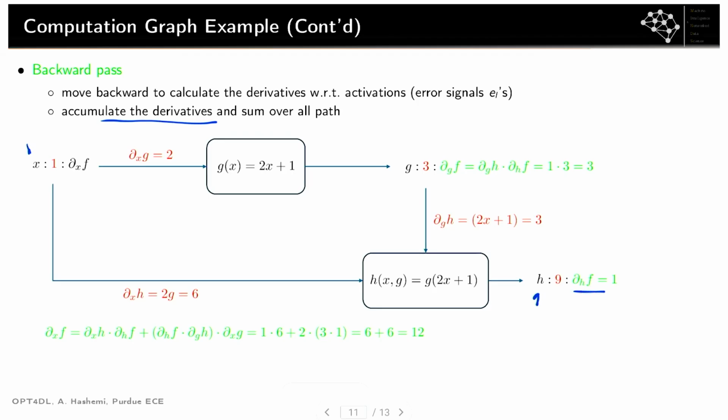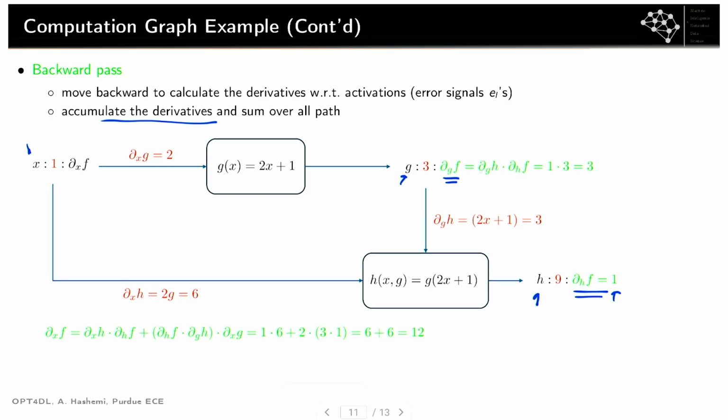First of all, here I'm going to write the partial derivative of my function with respect to h. f was exactly h, so the partial derivative is equal to 1. Now, here I'm going to write the partial derivative of my function f with respect to this variable that I defined, g.